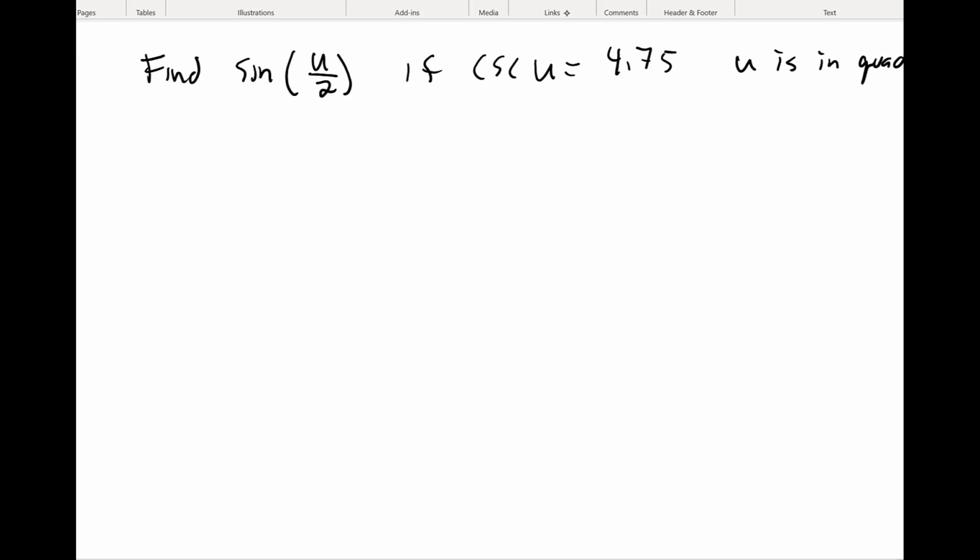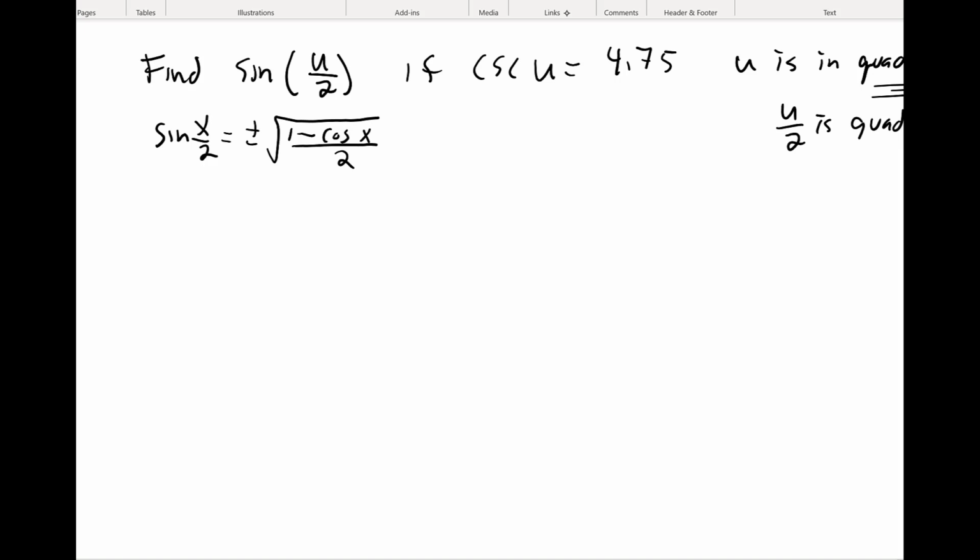And our half angle formulas do what? Sine of x over 2 equals plus or minus the square root of 1 minus cosine of x over 2. Now, this is in quadrant 2, so half of that would have to be quadrant 1. So u over 2 is quadrant 1.